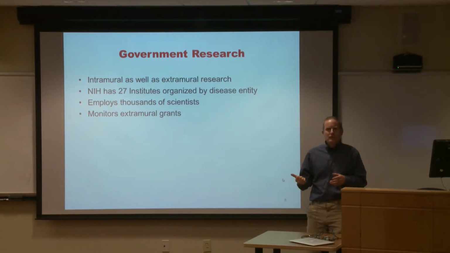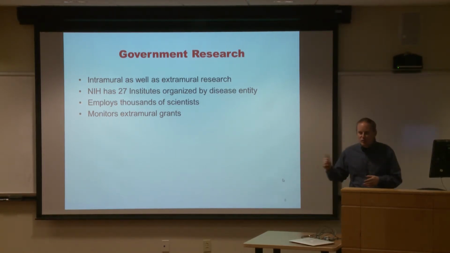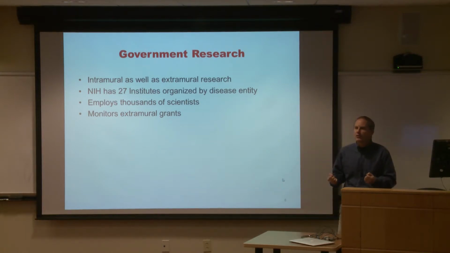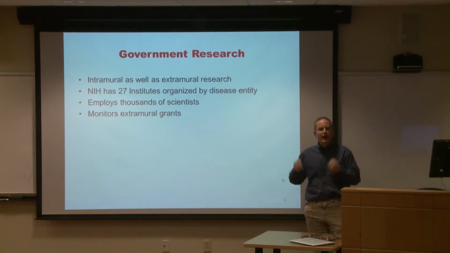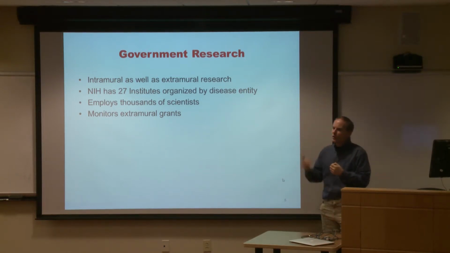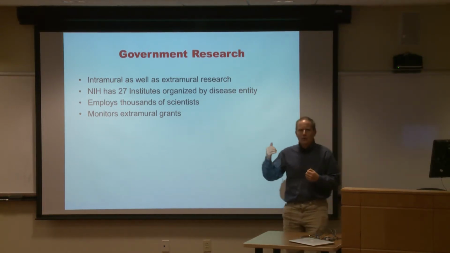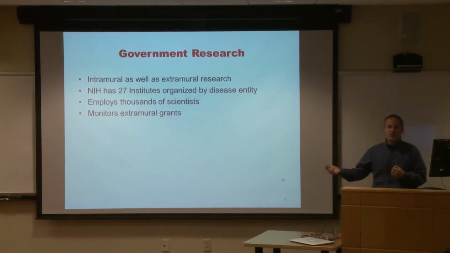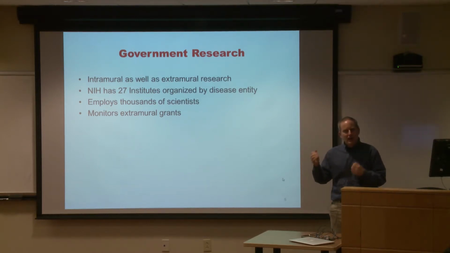Now, the government not only funds you to do research, or people at universities, it also does its own research. So there is what's called intramural research, which means inside the walls. Intramural means inside the walls. And extramural, which means outside the walls, right? So at the NIH, each of the 27 institutes, the heart, lung, and blood, mental health, nursing research, these all have their own researchers who do their own research, as well as funding people from the outside.